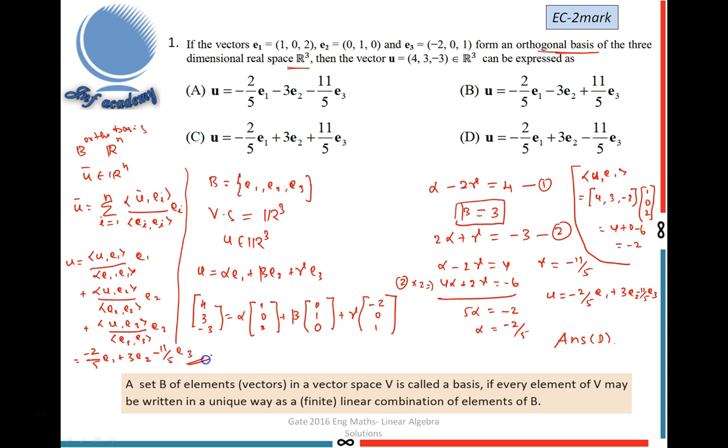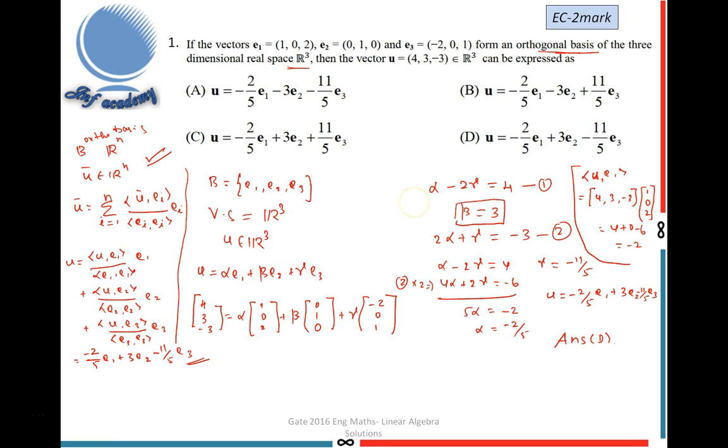So this is another way: U vector equal to minus 2 by 5 E1 plus 3 E2 minus 11 by 5 E3. Option D. You should select the second method because it takes less time compared to the first method.